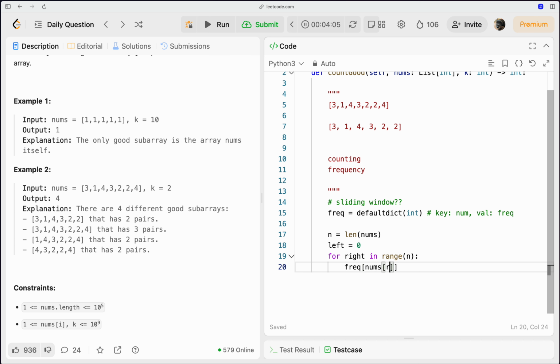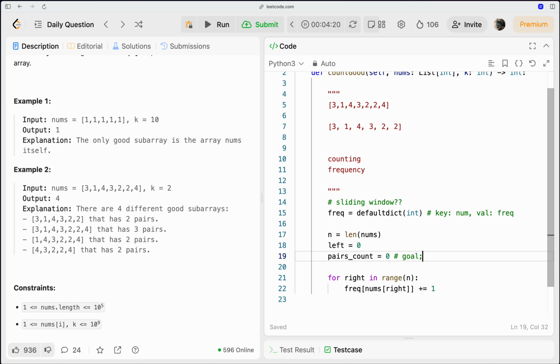Frequency at nums right plus equals 1. And then we could just have a pairs count. To be explicit, our goal is to have this pairs count be greater than or equal to k.